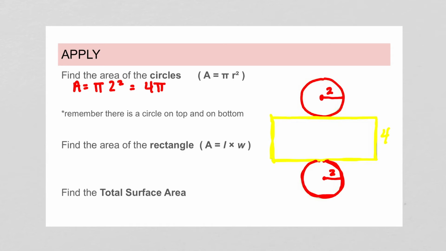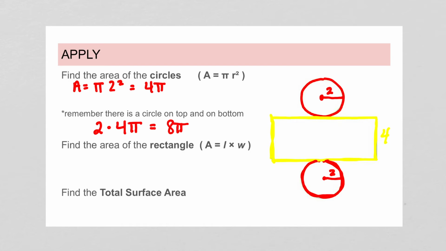And remember, there's a circle on top and a circle on bottom. So we're actually going to have 2 times 4 pi, so really that's 8 times pi.